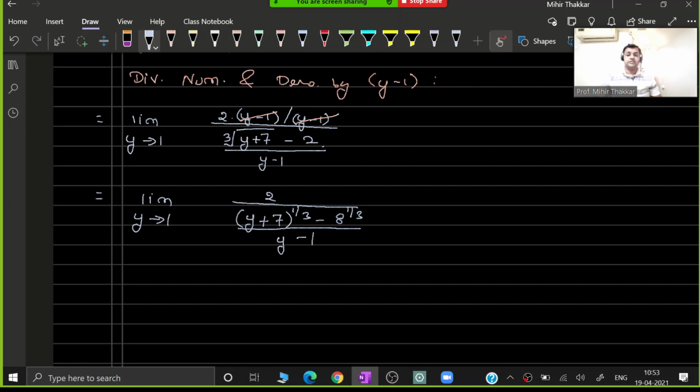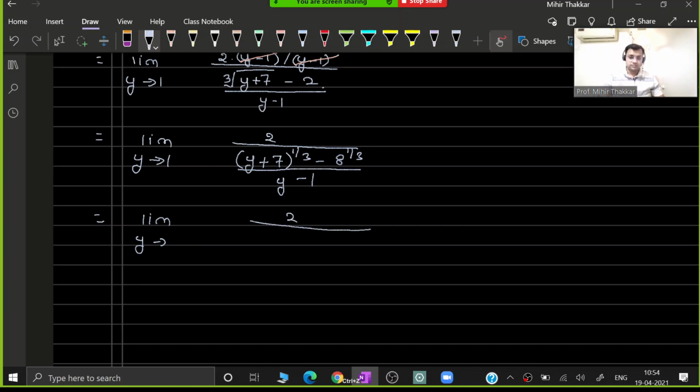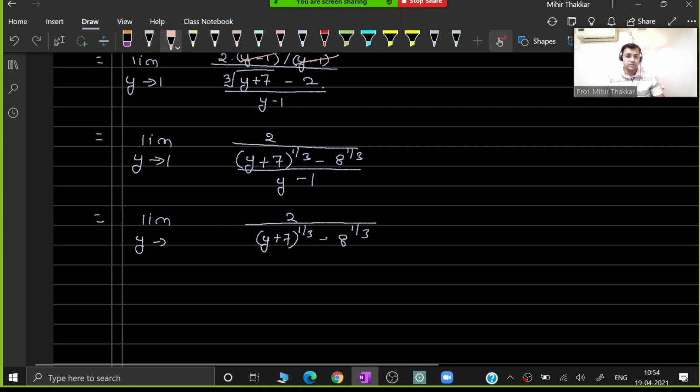What is this minus 1? In terms of 7 and 8, I have to do the adjustment. Y tends to 1, 2 upon y plus 7 raised to 1 by 3 minus 8 raised to 1 by 3, because I had the value 2 and this 2 over here is replaced by 8 raised to 1 by 3.